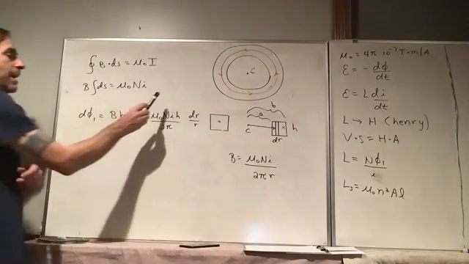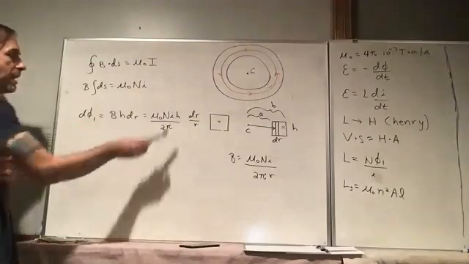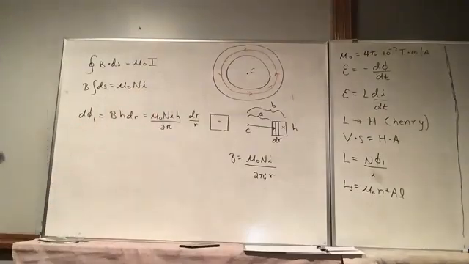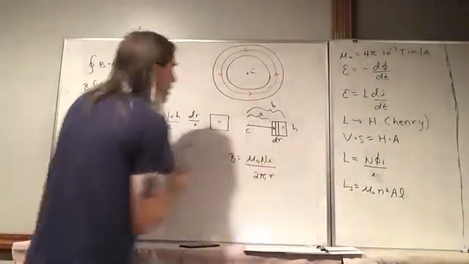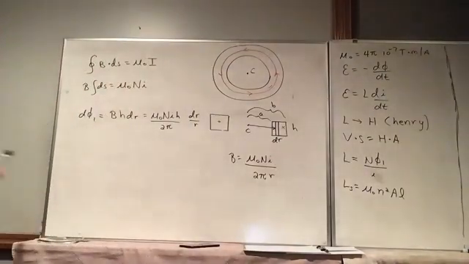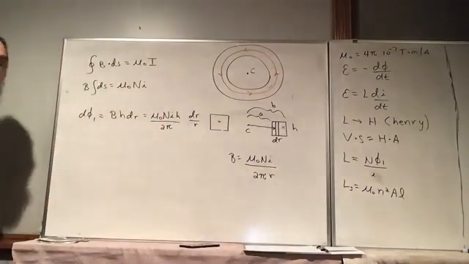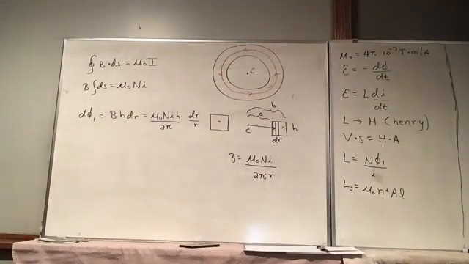Mu naught is a constant, the number of turns is a constant. Current doesn't matter because we're going to divide by the current. But say for any fixed current, h is a constant, and of course pi is a constant. Pretty sure 2 is still a constant.